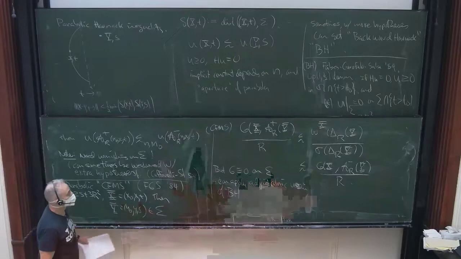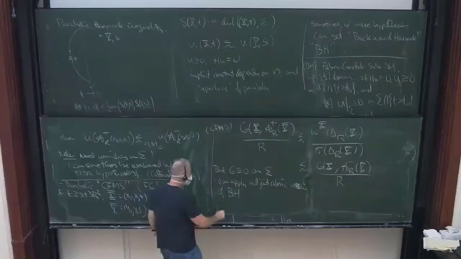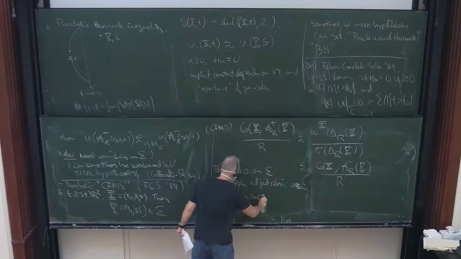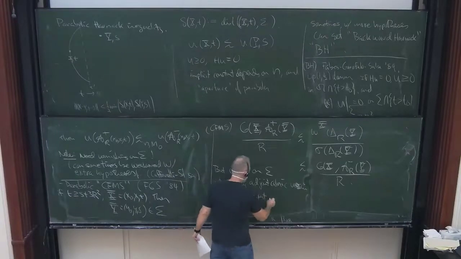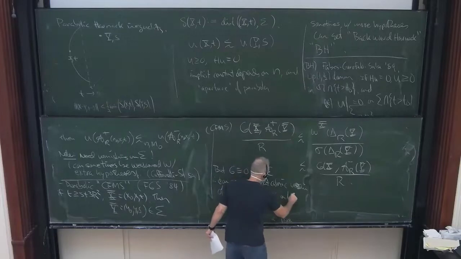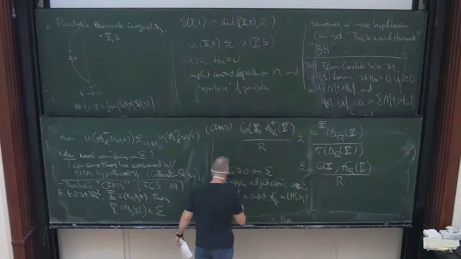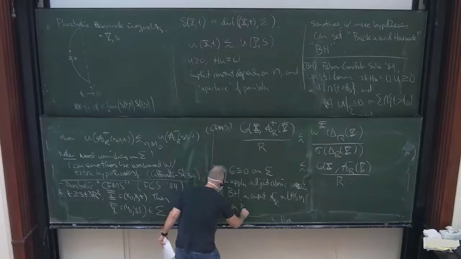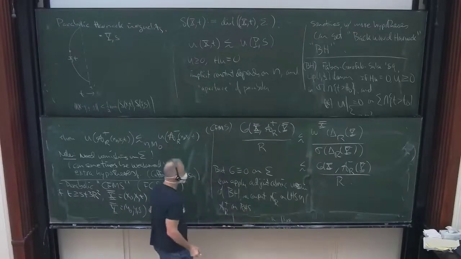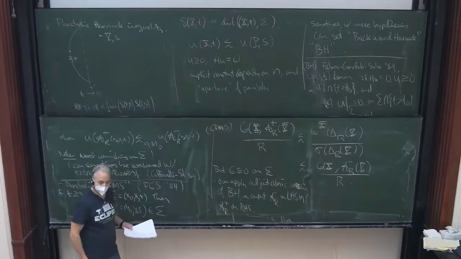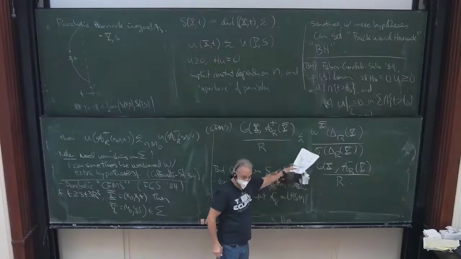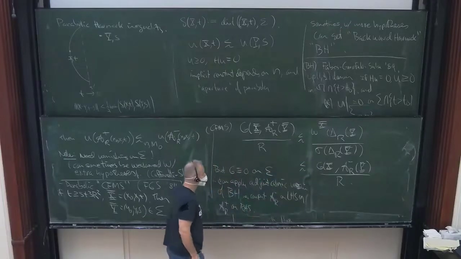Which means we can put either A_R^- on the left-hand side or A_R^+ on the right-hand side. So we can have both with plus or both with minus. Which means then, of course, that we have equivalence. They're all equivalent.